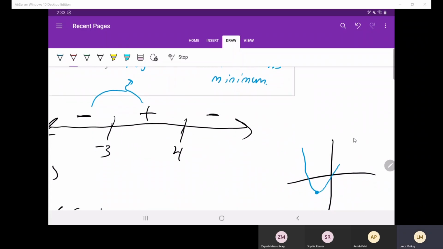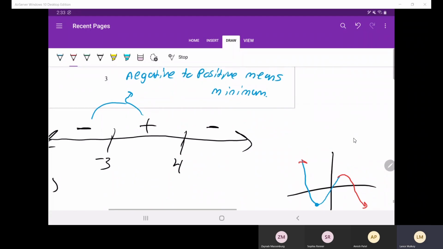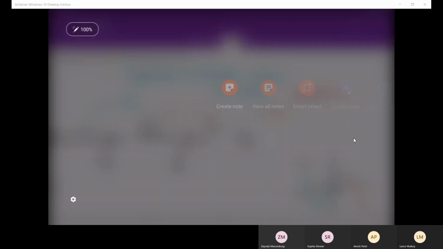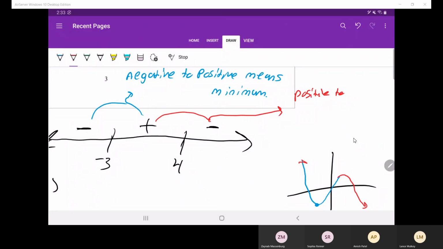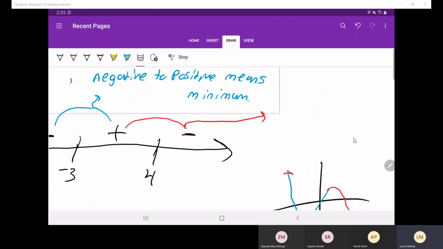And when you're going from positive to negative, so you're increasing on the left, and at some point you start decreasing again, it's ugly anyways.